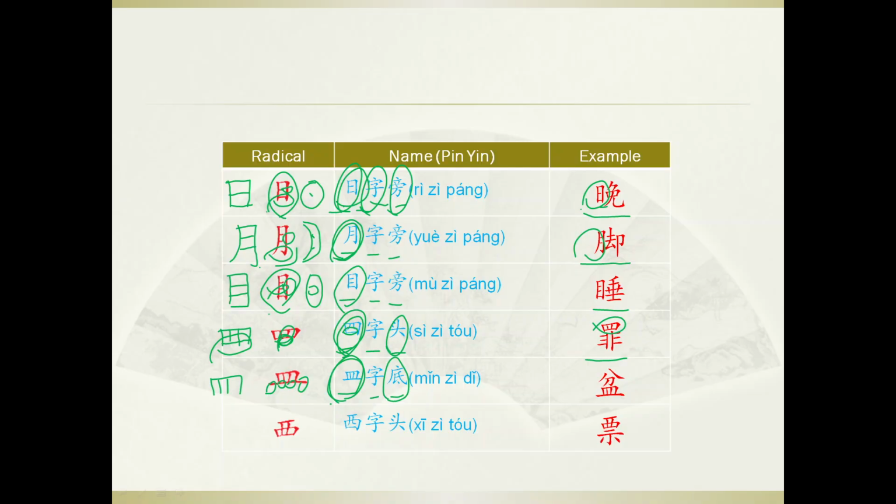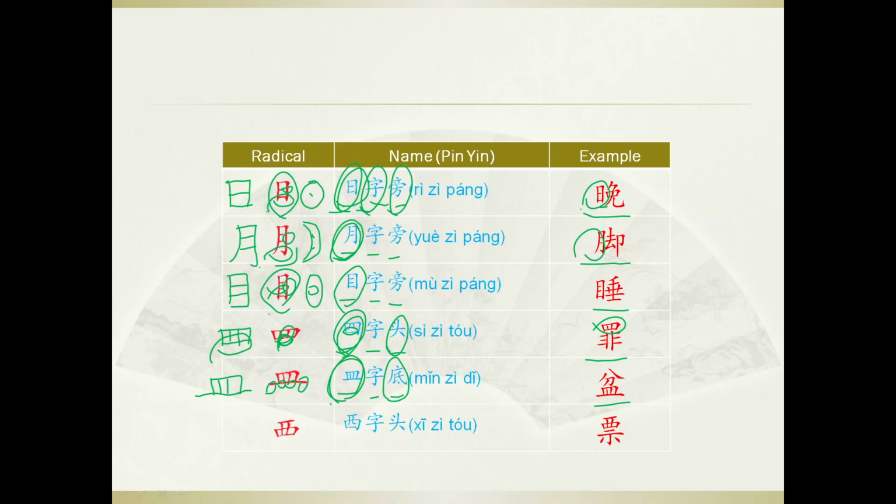Starting from outside, horizontal to close, passing the end of the vertical a bit. As its name suggests, words with this radical are usually related to container, like this word 盆, pot.